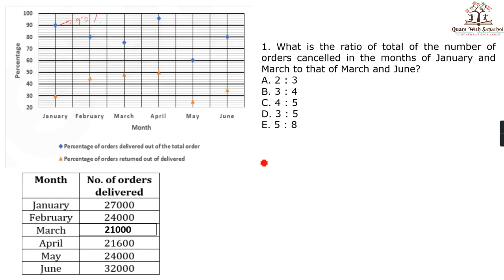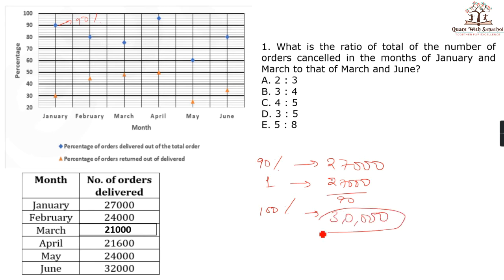That means this 90% is equal to 27,000, which means 1% will be equal to 27,000 divided by 90, and 100% will be equal to 30,000. So out of 30,000, 27,000 is already delivered. That means the remaining 3,000 is the cancelled order. Okay, are you getting my point? For January we have got the cancelled orders.